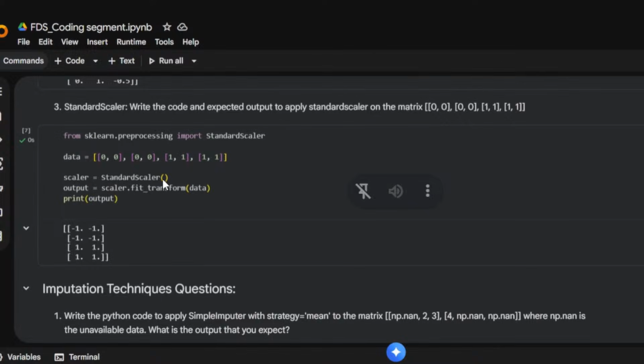Here, standard scaler, output equals to scalar dot fit transform, the same line as we wrote before, and printing the output. All these steps are exactly the same except the two lines. Here, standard scaler, here also it's standard scaler. That's the only difference we have seen so far. So the standard scaled output is this for this corresponding data set.